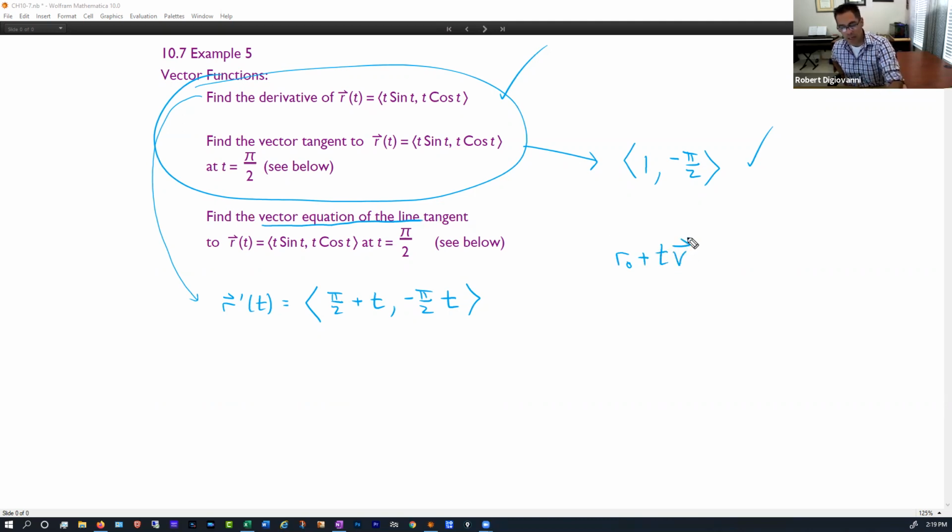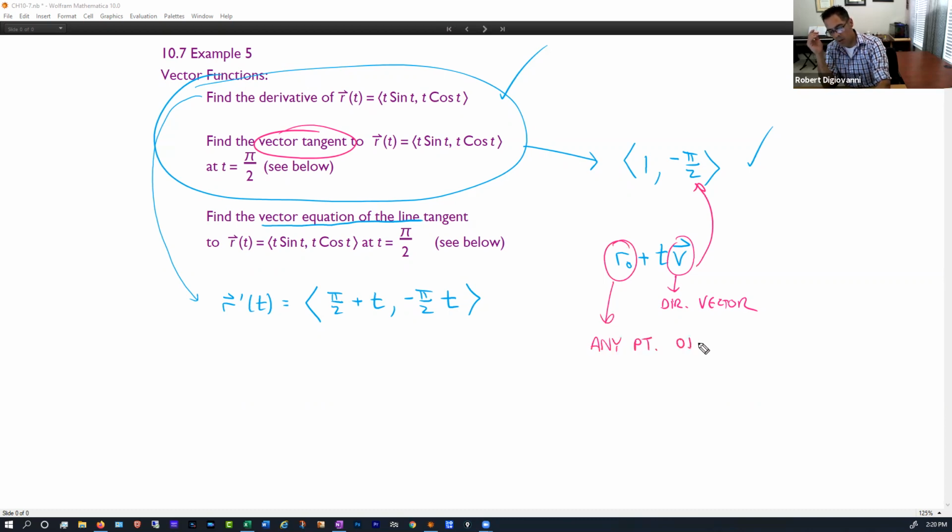So v, in this case, would be the direction vector of the line. But the direction vector should be the tangent vector because that tells us which way the line is supposed to be going. So that should be this. The r naught is any point on the line. And so how do you get that?